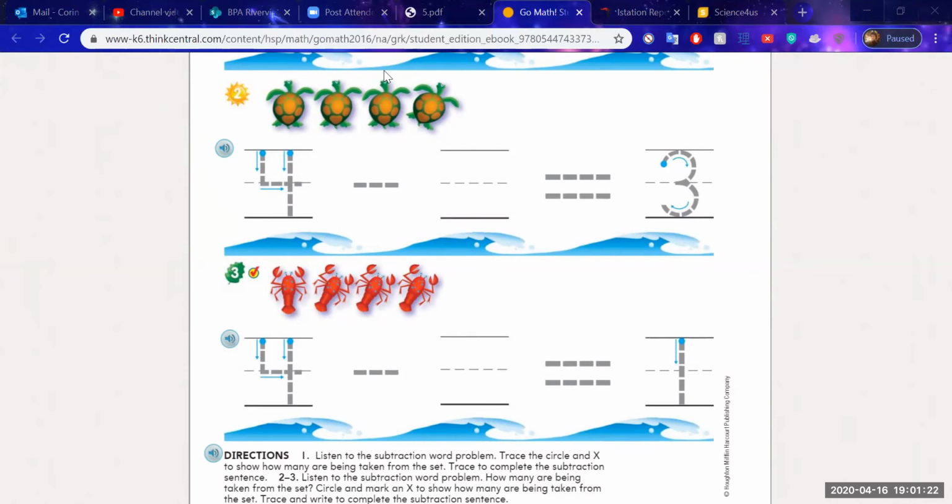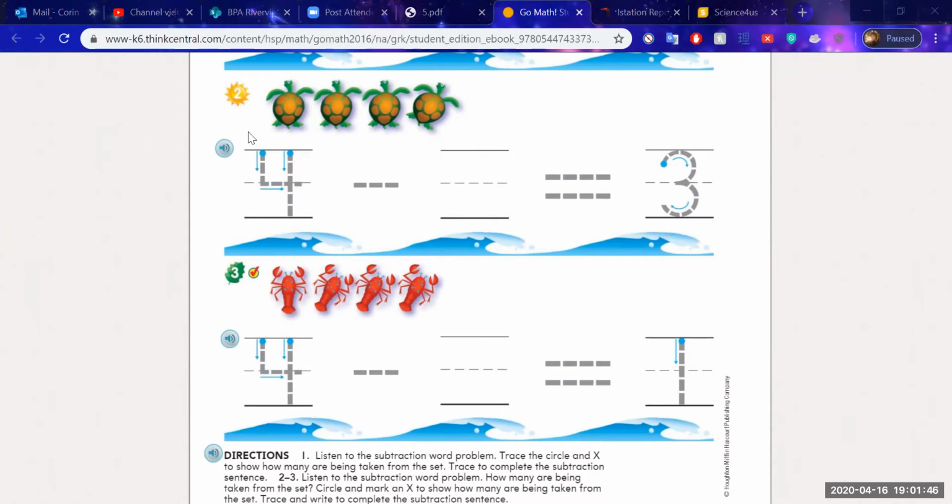How many turtles are there all together? So 4 minus what number equals 3? How many turtles do you need to take away to equal 3? That's right. 4 minus 1 equals 3.